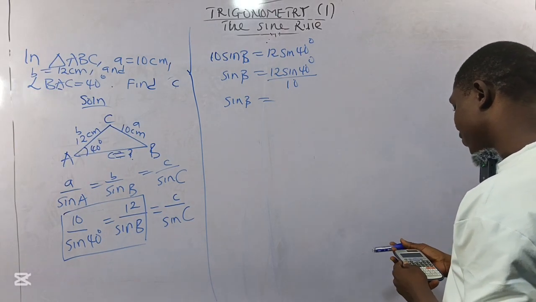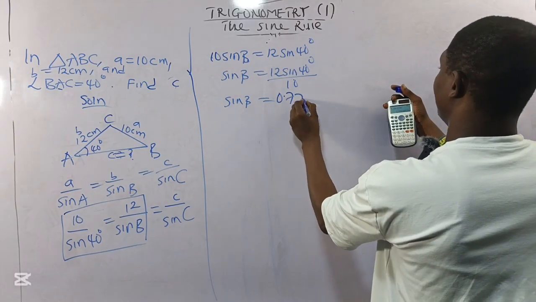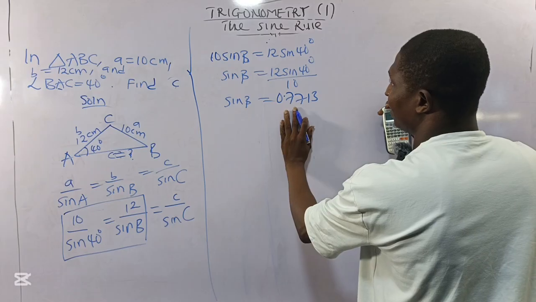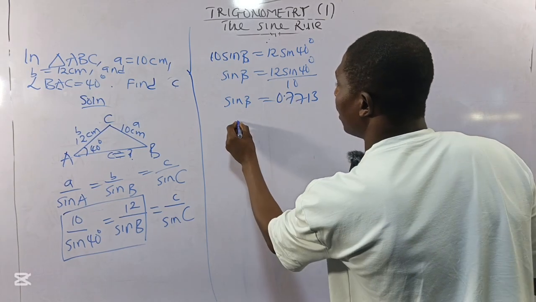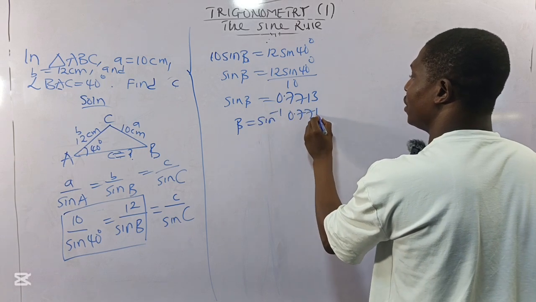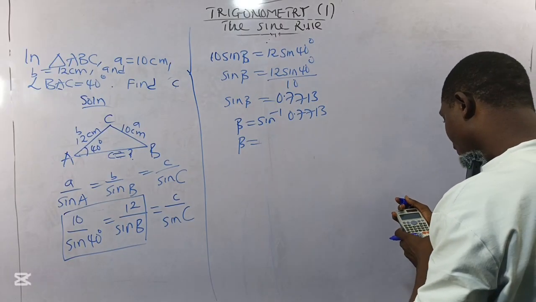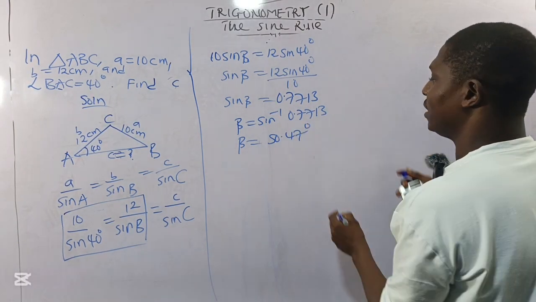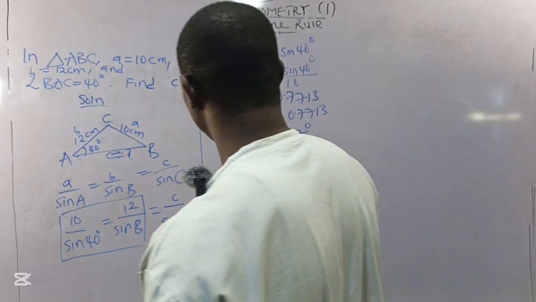I have 0.7713, which is greater than minus 1, but less than 1. So my B will be equals to sine inverse of 0.7713. And B will be equals to shift sine of my answer. So I have 50.47 degree to 2 decimal places. So I've gotten B.